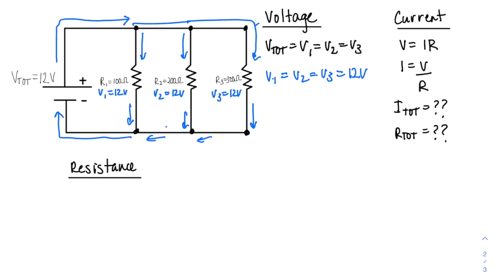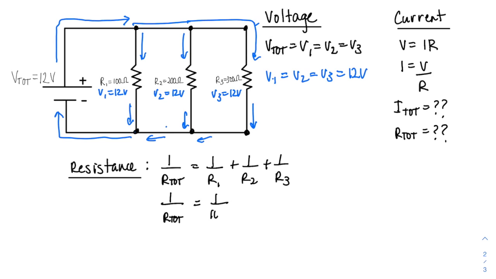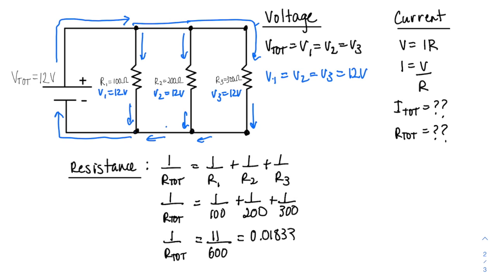I have to use the formula 1 over R total equals 1 over R1 plus 1 over R2 plus 1 over R3. This is where I like to use the fraction feature on my calculator, because in fractions mode I get 11 over 600. If you choose not to use fraction mode, you're going to get 0.01833 repeating.